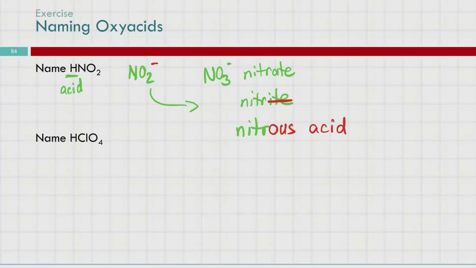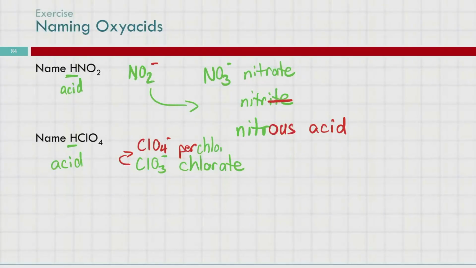Then we've got HClO4. HClO4 is an acid because it's got H in front. And then we would find something that looks like ClO4 minus. We've got ClO3 minus on our green sheet. This is our ATE ending, our chlorate. We've got 1 extra oxygen. We've got ClO4 minus. And the change that we do for that is we add per at the front. So this is perchlorate.